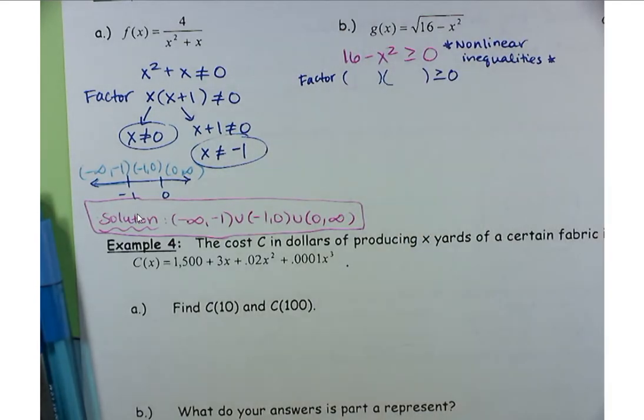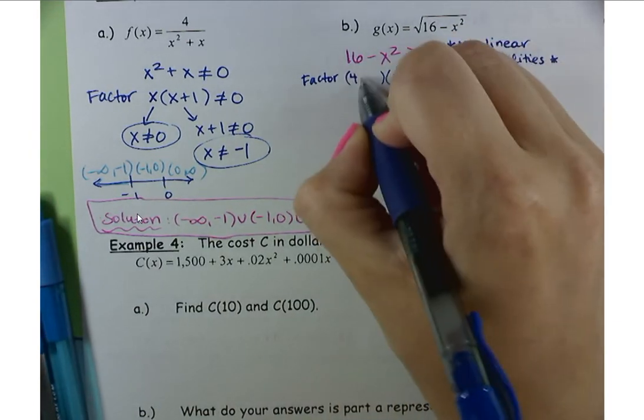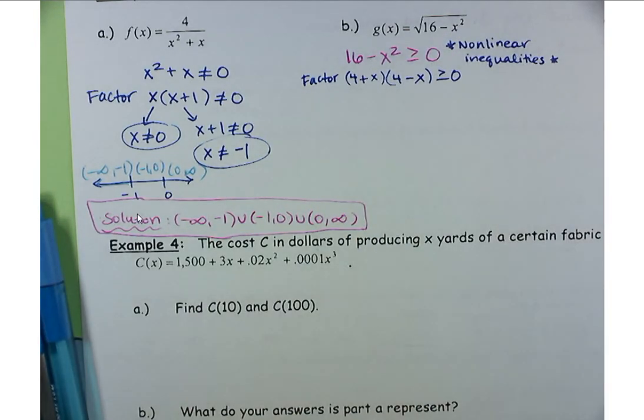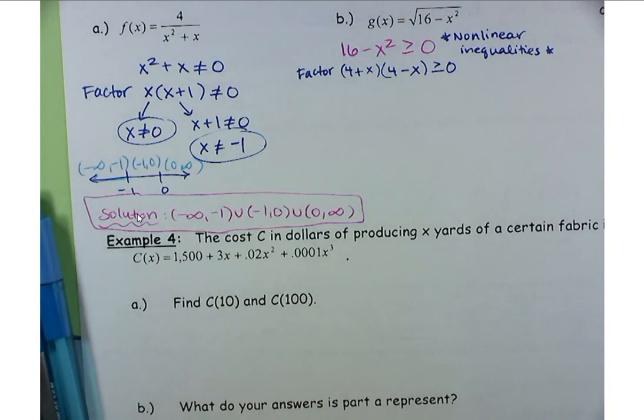What pattern? Difference of squares, right? So square root of 16 is 4. Square root of x squared is x. So it's 4 plus x and 4 minus x. Okay, so then for your two values, you want to find the values that would make those 0.